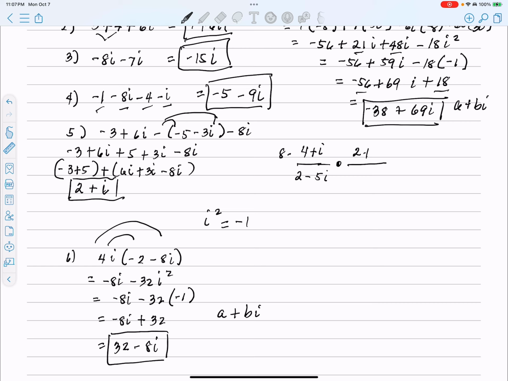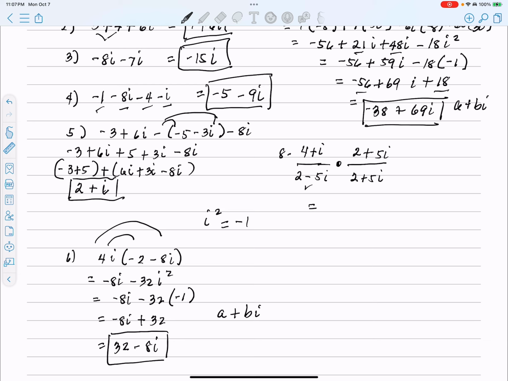Since this is minus, we have to do the opposite, which is plus. Same thing with the denominator. That is how we rationalize the denominator. Okay? So let's do this.